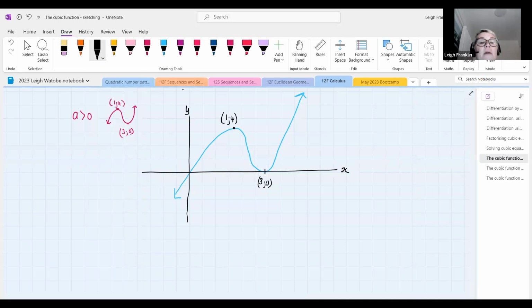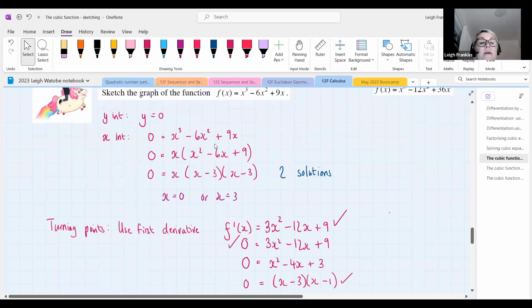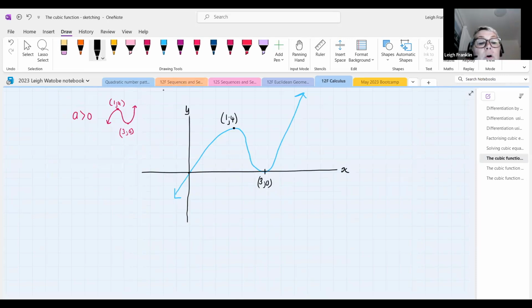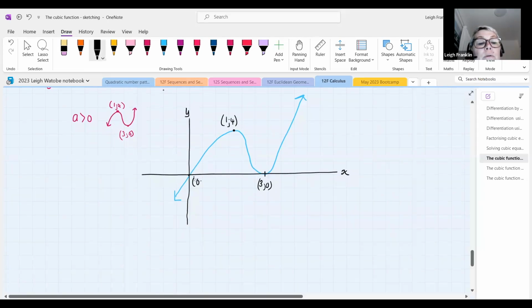Our other x-intercept was 0, so we had 0 or 3. It also went through the origin. So that is what our graph is going to look like.